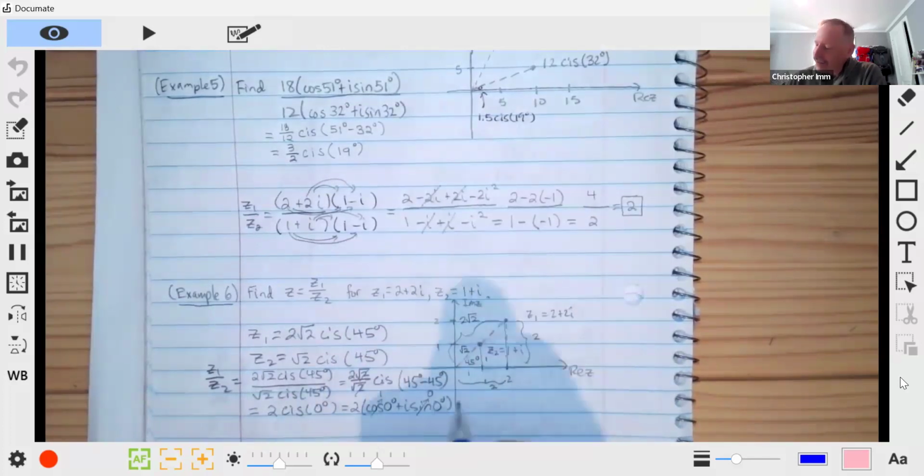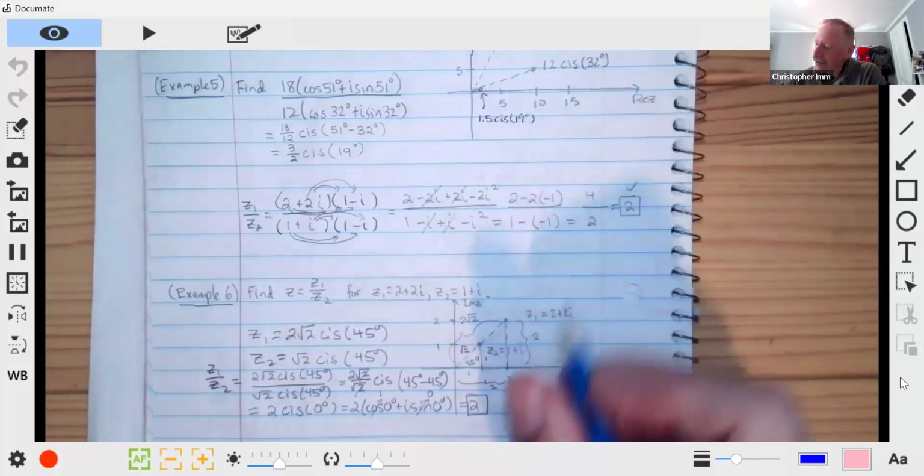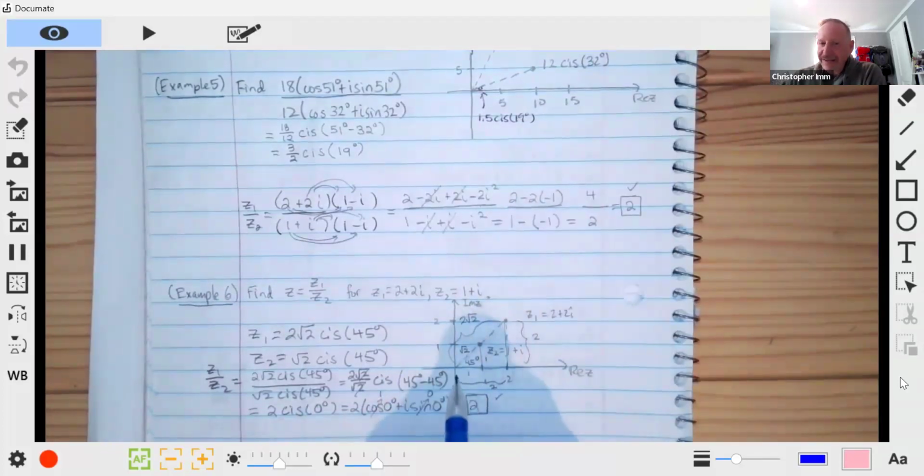That just gives us 2, which totally checks out with this division. So when we divide those, since we're dividing the moduli, and 2 divided by 1 is still 2, we're going to be out here at 2.